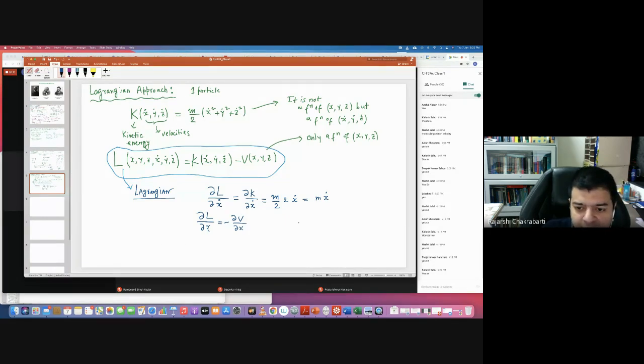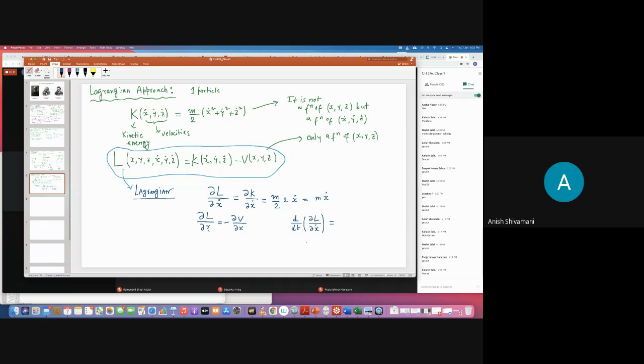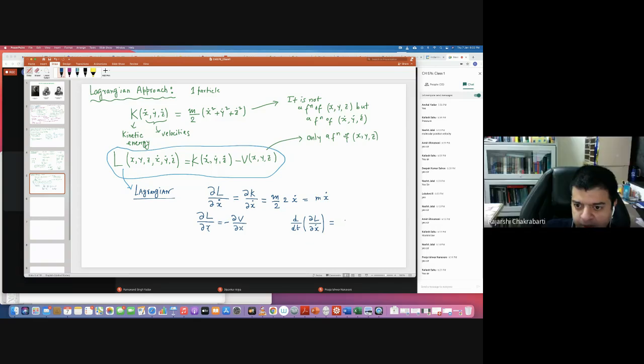If I define a quantity d/dt of del L del x dot, what is this quantity? Can anyone tell me? It will be m x double dot, isn't it?